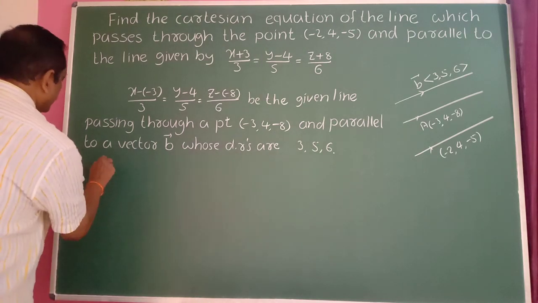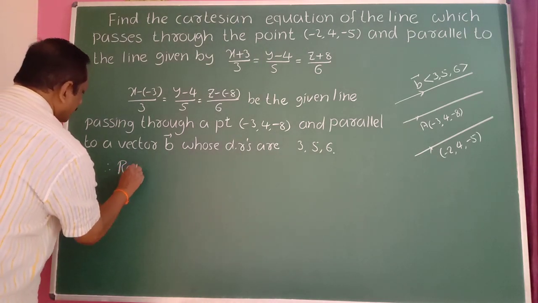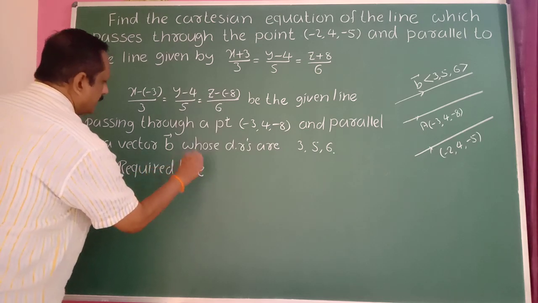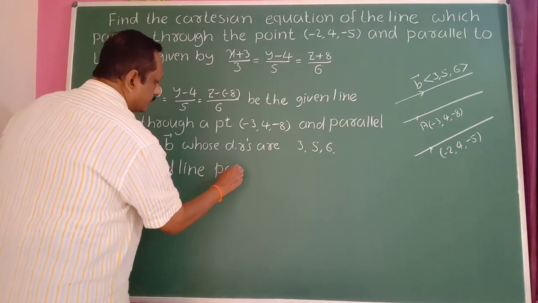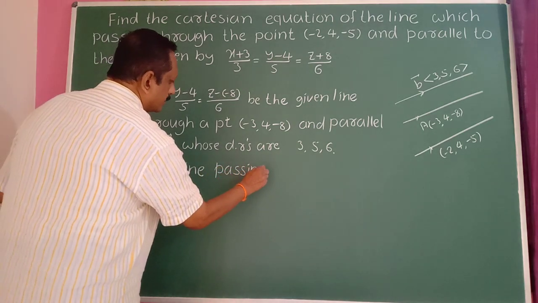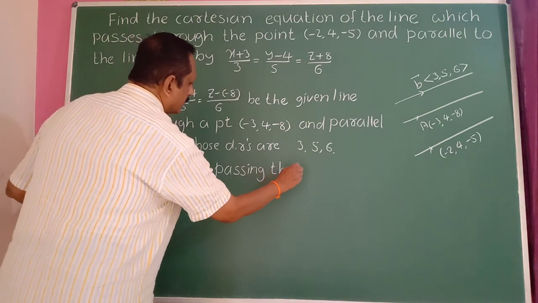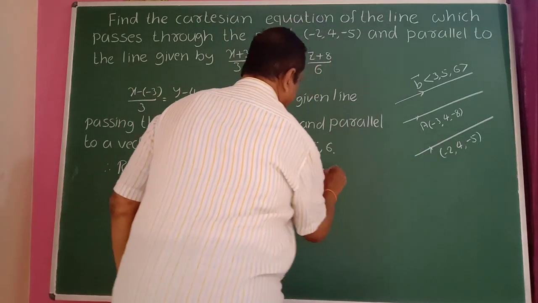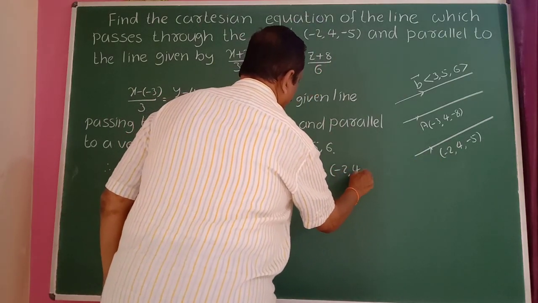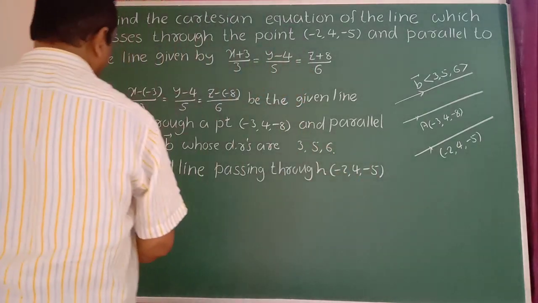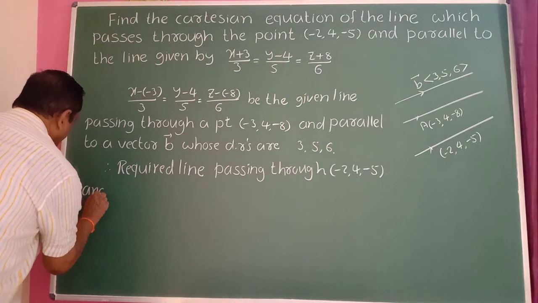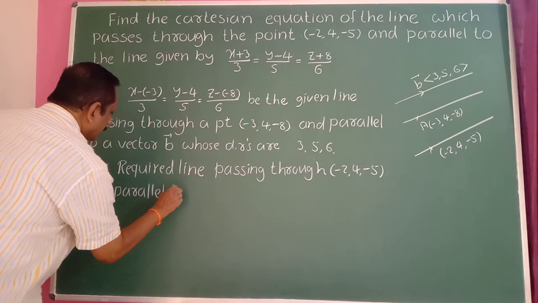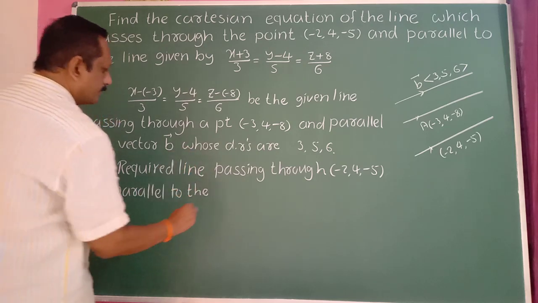Therefore, the required line is passing through -2, 4, -5 and parallel to the given line.